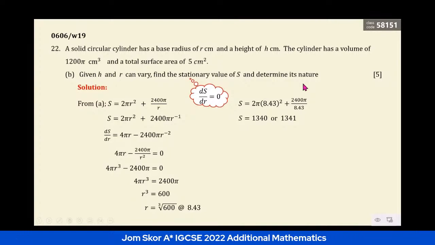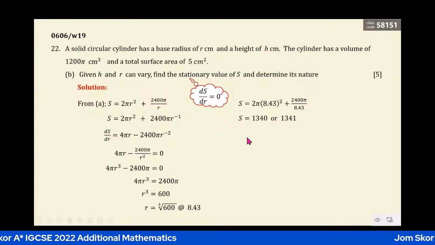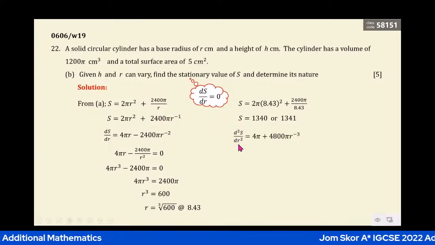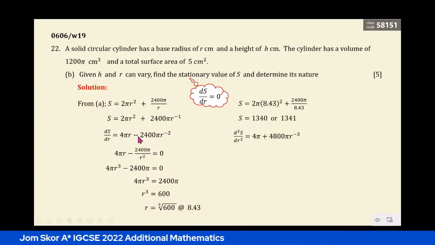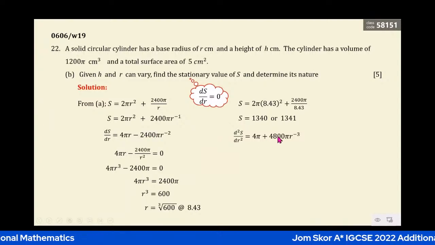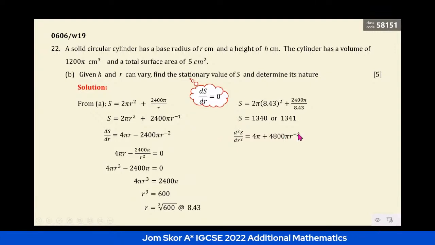Okay, so from dS/dr ni, from here, kita cari d square S over dr square. Okay, differentiate one more time. So differentiate r, you will get 4 pi. Differentiate this one. So -2 multiply with -2400, you will get positive 4800 pi r to the power of -3.